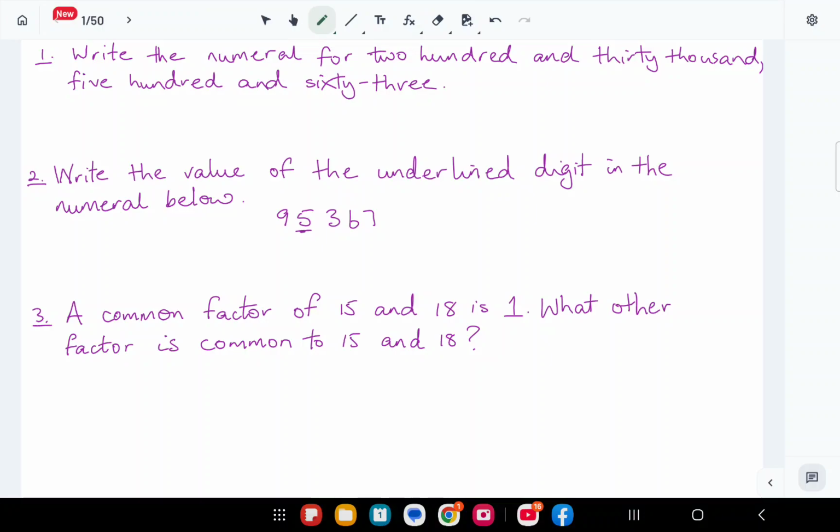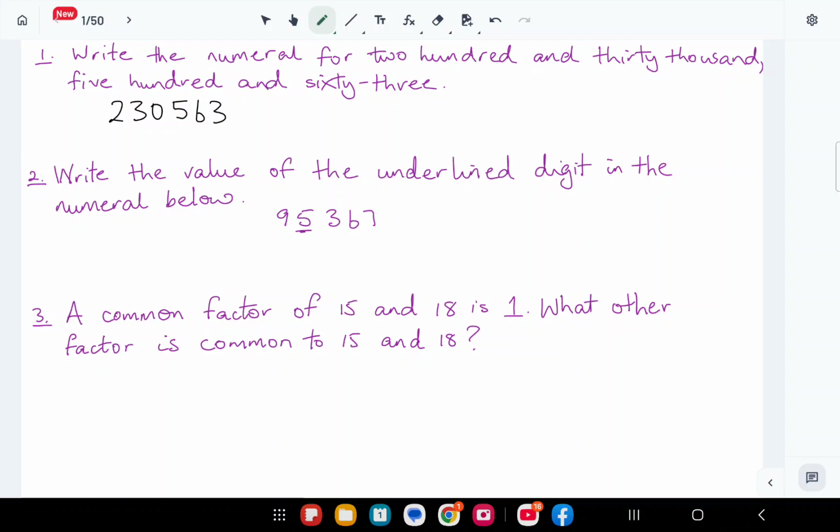Alright, so we're starting with 230,563. All right, 230,563.